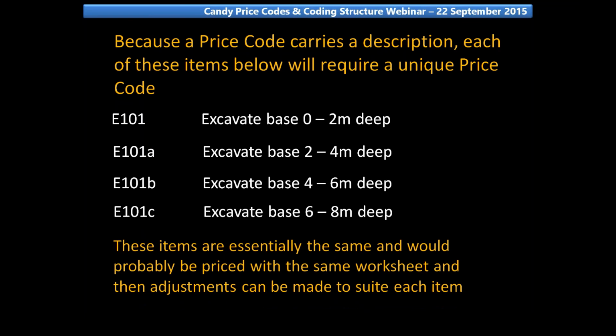These items are essentially the same and would probably be priced with the same worksheets, and then adjustments can be made to suit each item. So with the master only having the first item's price code, we are going to make use of the generic auto pricing, and then later on we can adjust the rates to suit the items.